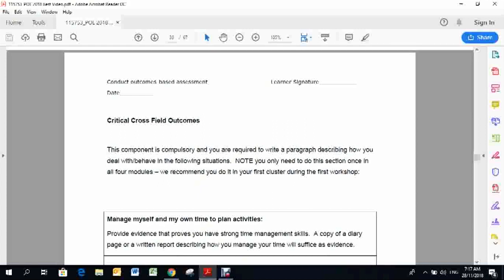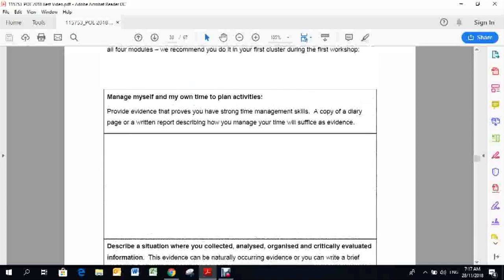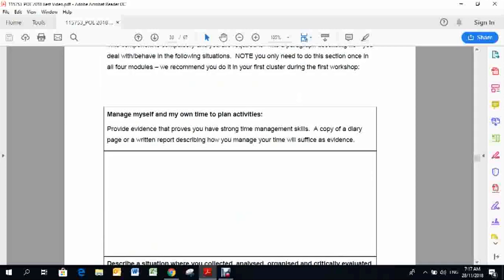I'm just going to jump straight to the first one, where we have manage yourself, manage myself, and my own time to plan activities. Provide evidence that proves you have strong time management skills.